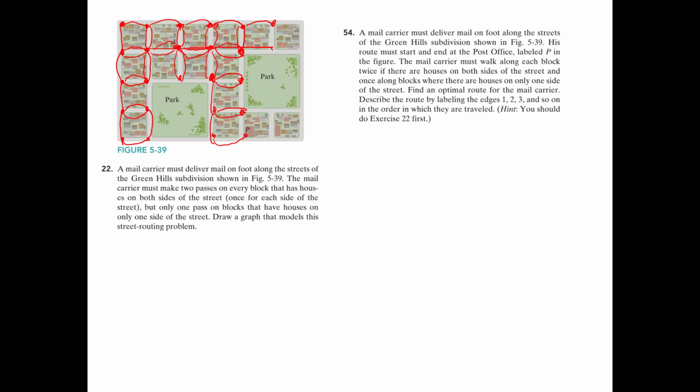He's only got to walk. He only has to take one pass when there's only houses on one side, and he's got to take 2 passes when there's houses on the other side. There's houses on only one side.